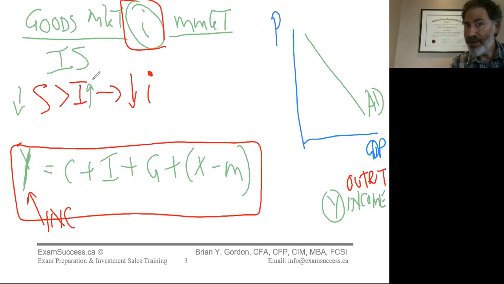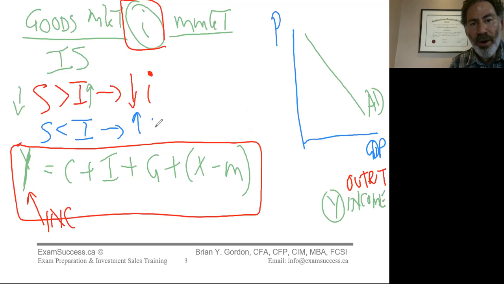Okay, if I write it differently here, what if we had savings less than investments? What if there was an excess of investments or a deficit of savings? Maybe income's way too high. That national income, the economy is doing really well. Well, what mechanism will bring us back into equilibrium?